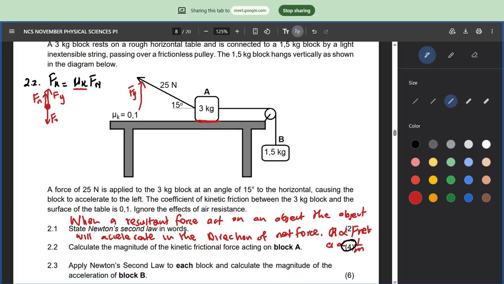That's your Fg. So if we say F net is equal to 0, I'm going to take up as positive, add all the forces that are going up, and subtract all the forces that are going down. This is 0. Therefore, you can see that your normal force is equal to Fg minus Fy.